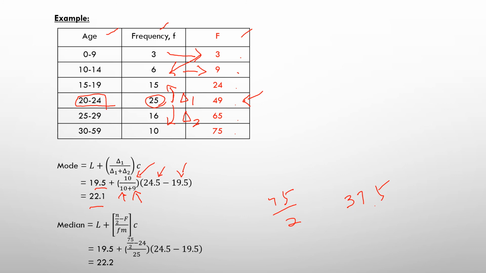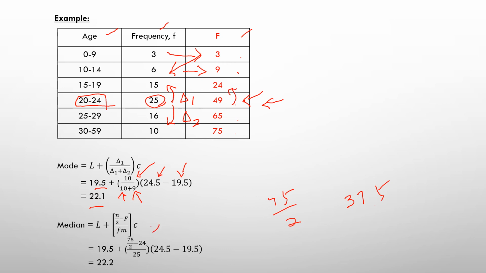So for the lower boundary, we do the same: 20 minus 0.5, you get 19.5. N divided by 2, where N is the total of frequency, not cumulative frequency, 75. Divided by 2 minus big F. Big F is the cumulative frequency preceding L, that means the cumulative frequency before the class containing the median, 24.